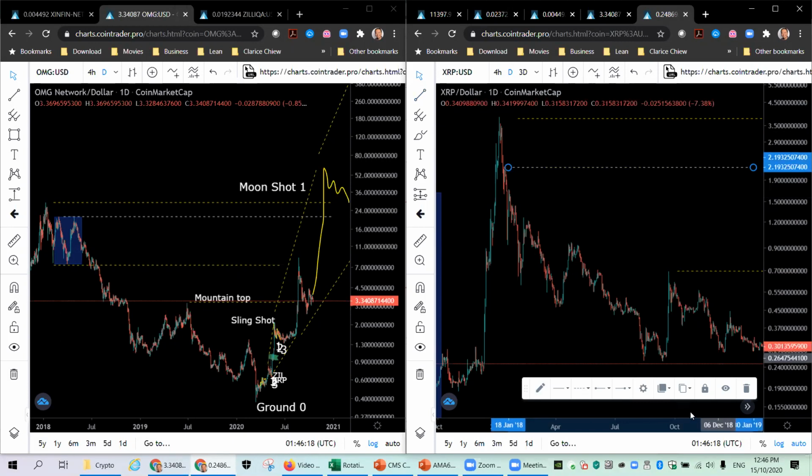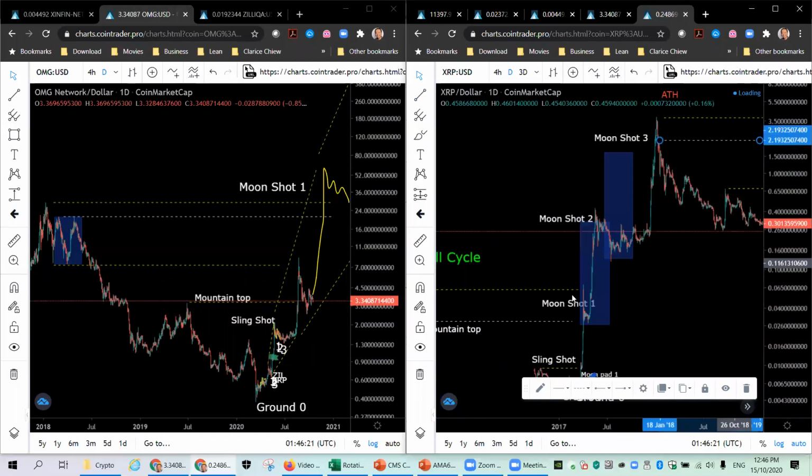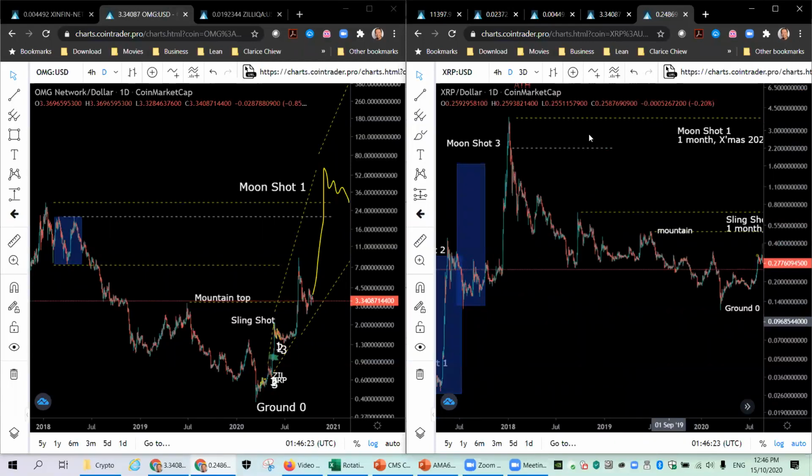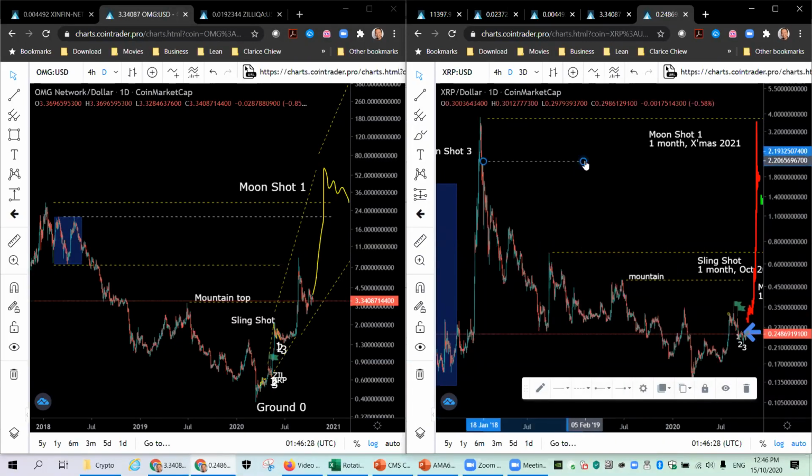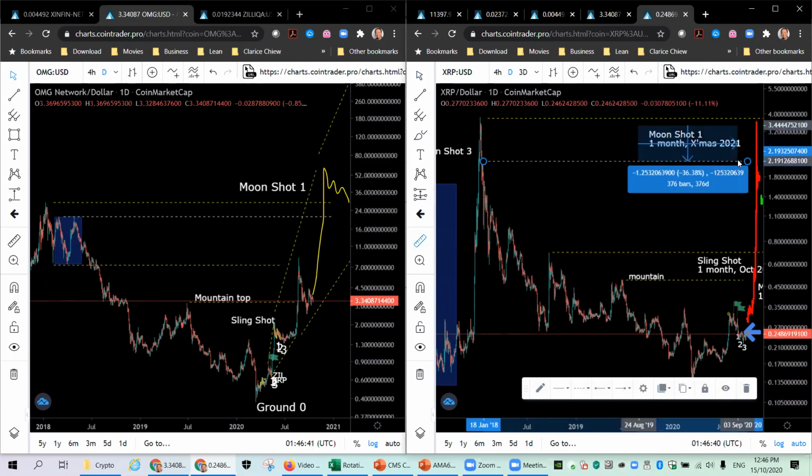That level is where most likely the price is going to come down to. So it's going to hit somewhere around $3. That would be it. So that's about 30%. Yeah, that'll be a good exit point for XRP.